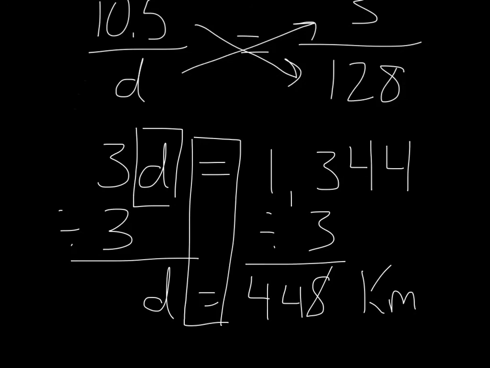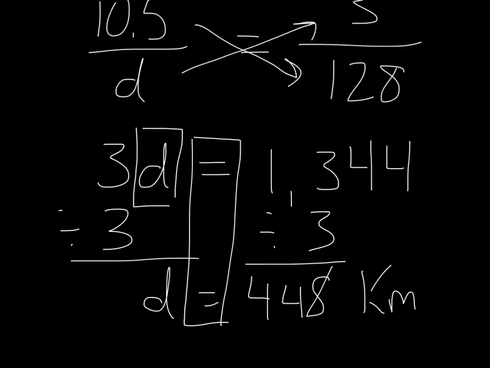So again, the explanation for this is that the scale model is going to be bigger because if you look at the scale factor, the numerator is actually bigger than the denominator.